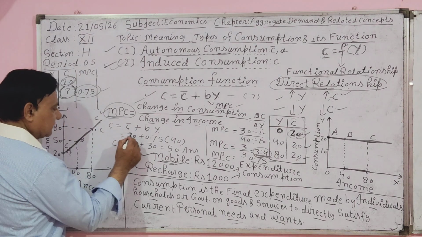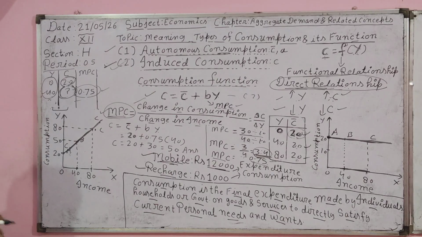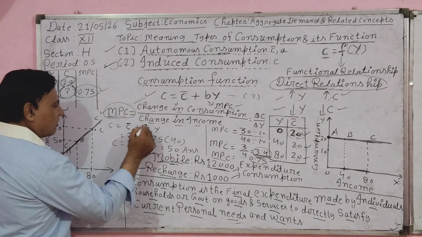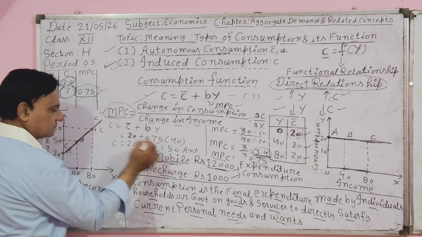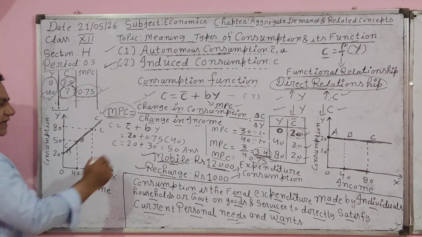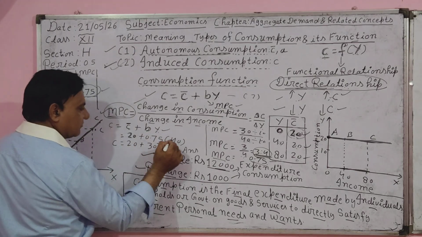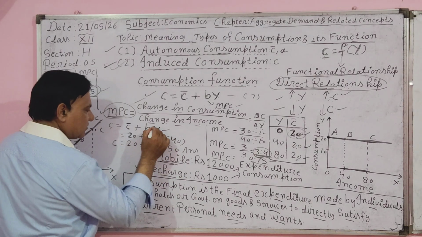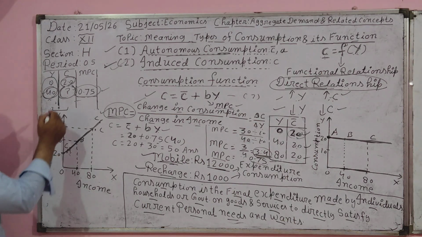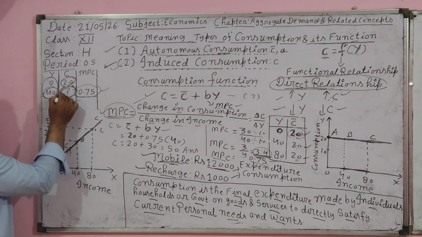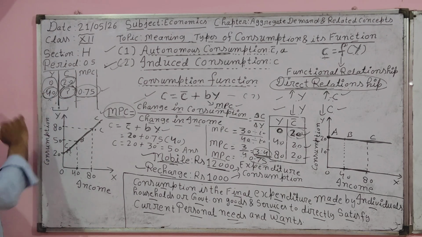We can write 20 in place of C bar. C bar is autonomous consumption. The value of MPC is given, that is 0.75. And the level of income is 40. We can write 40 in place of Y. Now we want to calculate induced consumption at the income of 40 rupees.